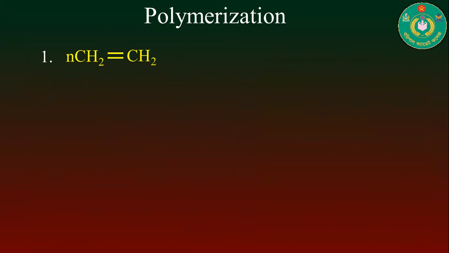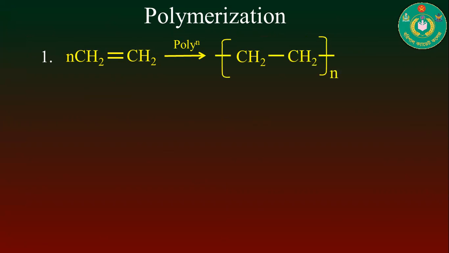When a number of ethylene monomers are combined together by covalent bonds through the polymerization process, then polyethylene will be formed. Here ethylene to polyethylene compound will be formed.